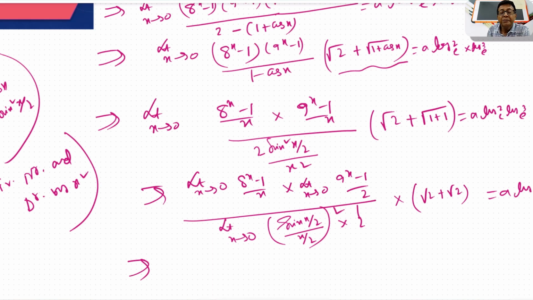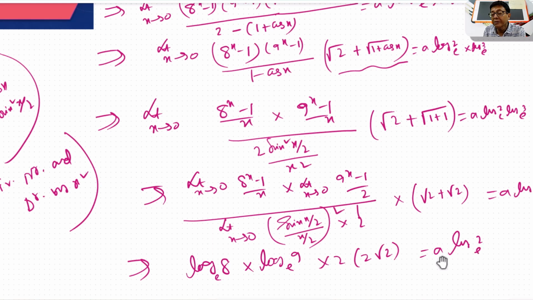This is what? A to the power x minus 1 by x gives log a. This is what? Base is e. If you want to write, you write log 9 base e, and this thing will be multiplied with 2 root 2.